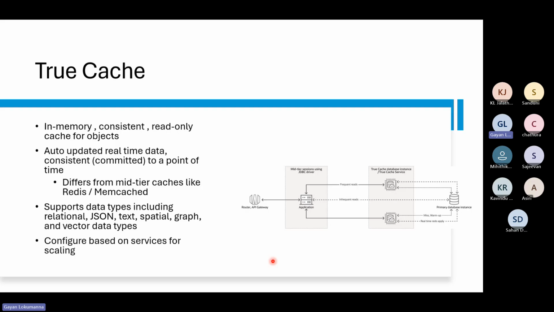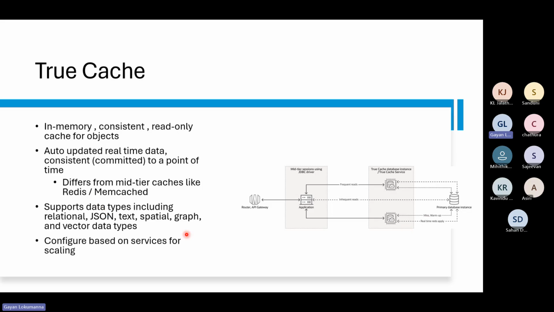So that the blocks will be made real time. If you compare this with the normal middle tier caches like Redis or Memcache, it is completely different from this particular cache. That is why we call it a true cache, because the updates happen in real time on the cache itself, through the redo apply mechanism.